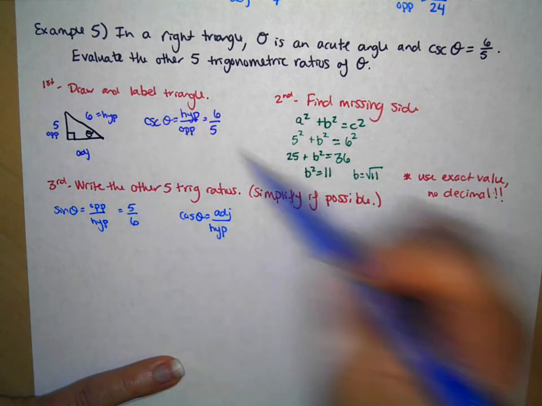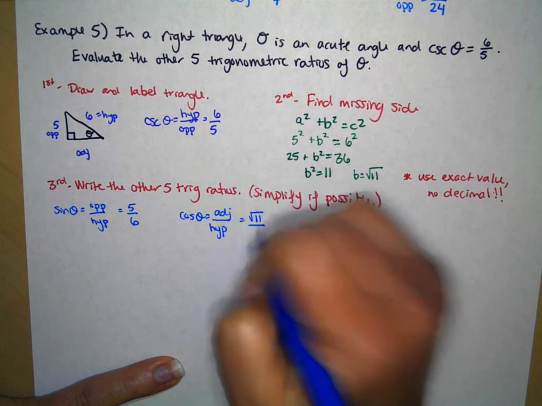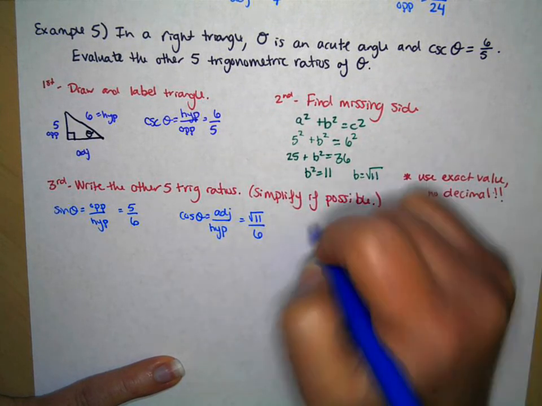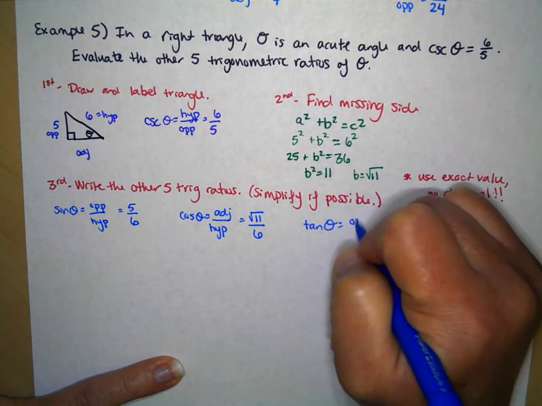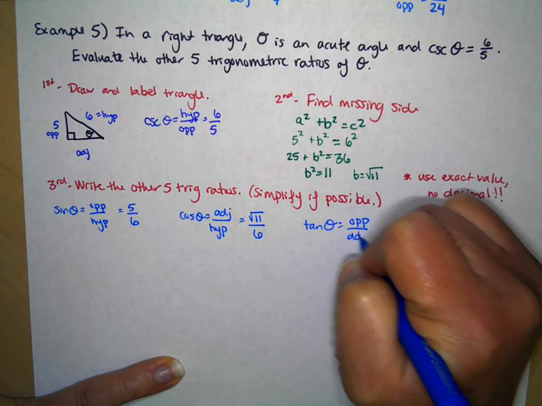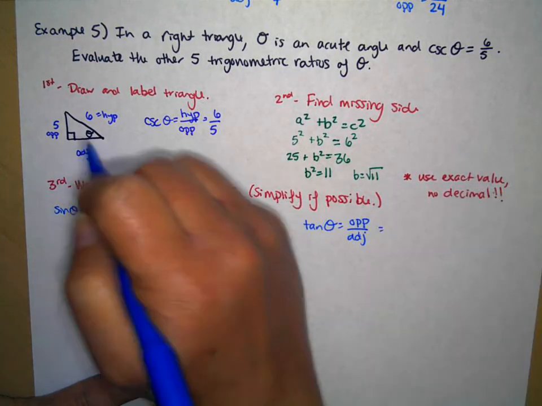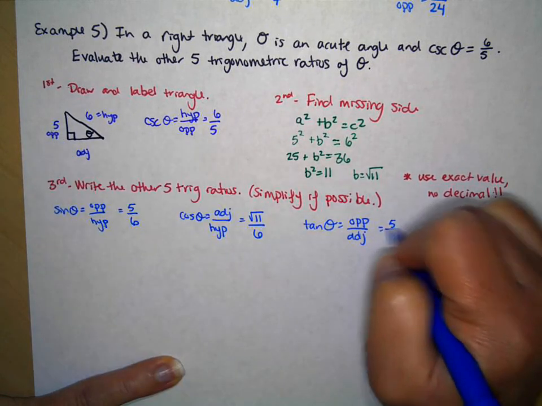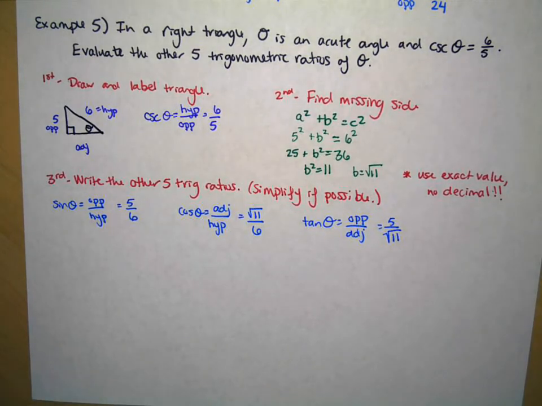Our adjacent side we found is square root 11 over our hypotenuse is 6. Tangent is equal to the opposite side over the adjacent side. Our opposite side of our angle is 5. Our adjacent side is square root 11.